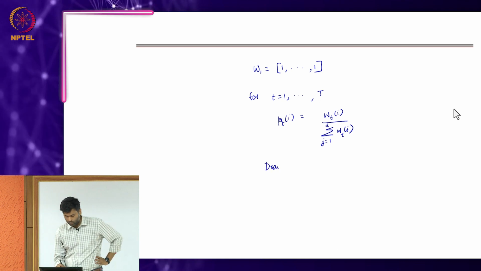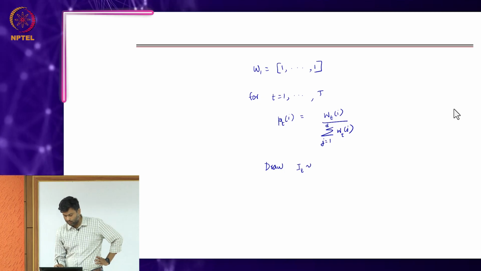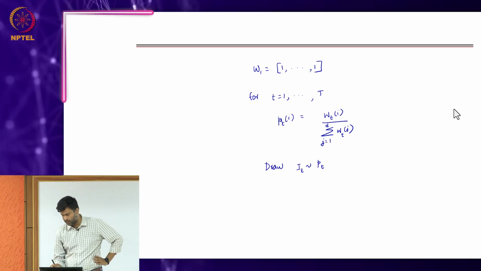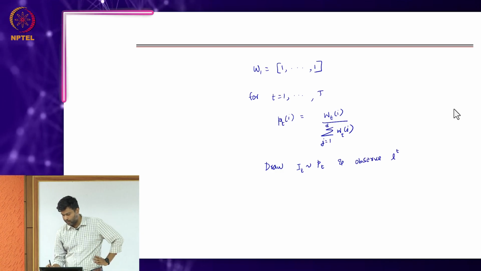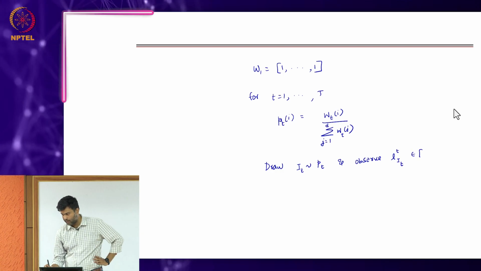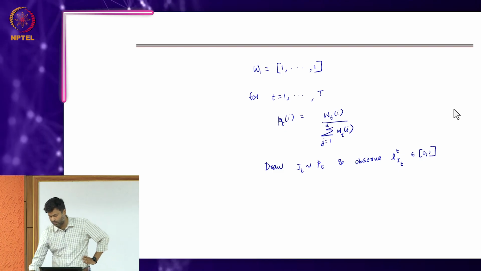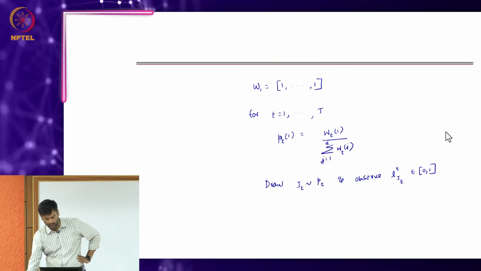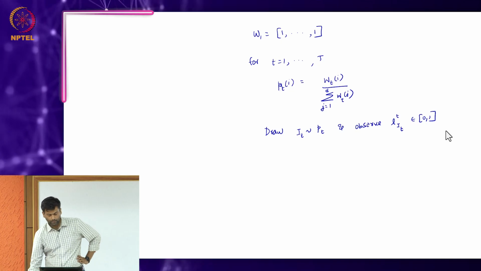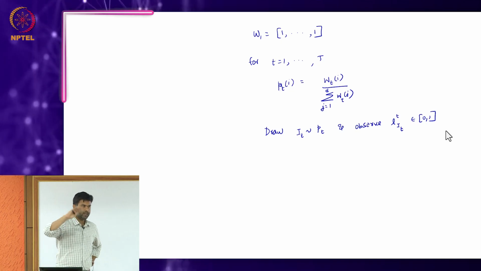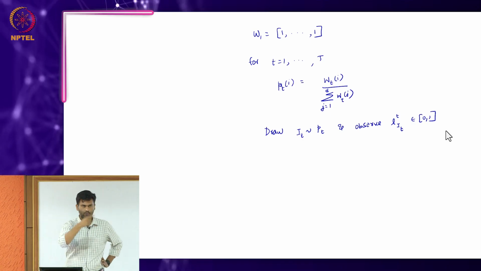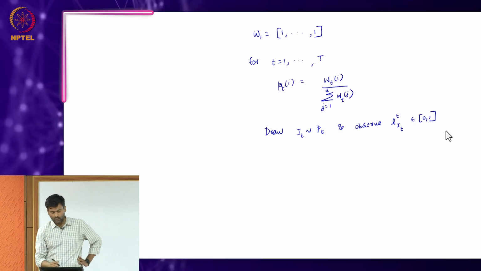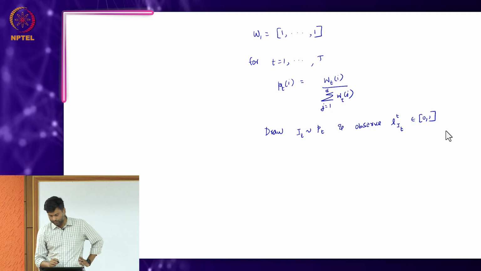Now I will draw according to these probabilities and observe the loss l_t(I_t), and let us say that is between 0 and 1, some loss value. So far all I am saying is that I am maintaining some weights and I will pick an arm proportional to its weight relative to the other weights, and then I am only observing that one arm.